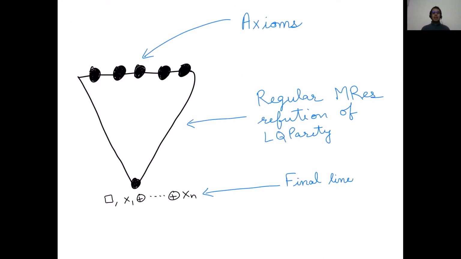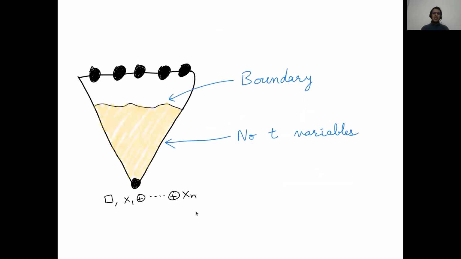Now let me give the proof. Suppose you have a regular MRES refutation of LQ parity formulas. This is your refutation. On the top you have axioms. Sorry, on the bottom you have the empty clause and the counter model for LQ parity formulas. Now let's look at the part at the bottom of the proof in which the clause parts don't have any t variables.